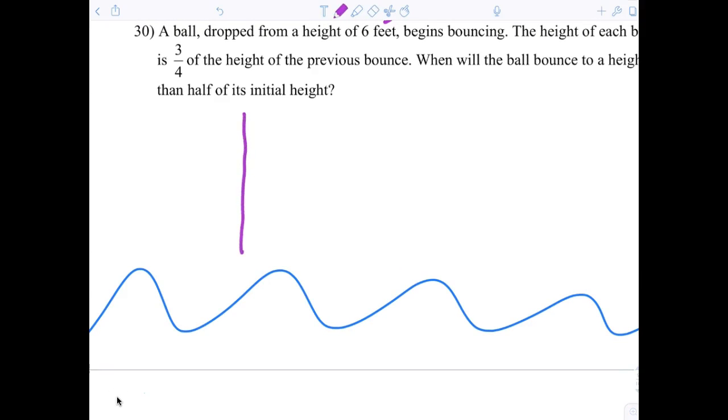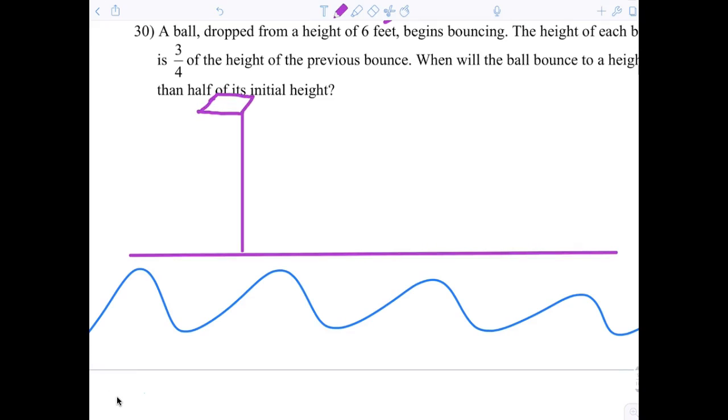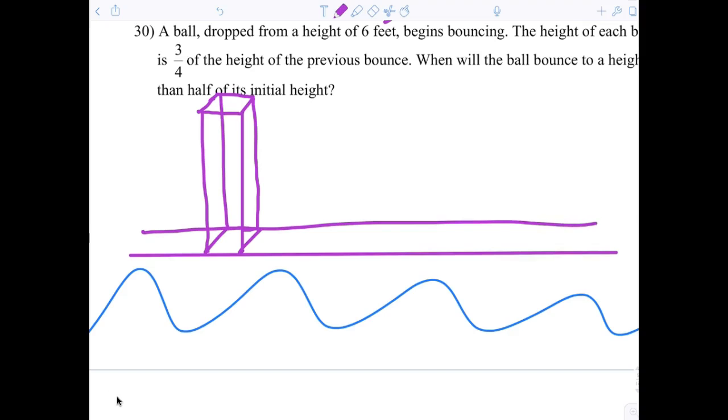All right, here's my ball that's going to be dropping off the wall. I've got a wall over here, right? And my wall is how tall? My wall is 6 feet. So I take the ball right here.